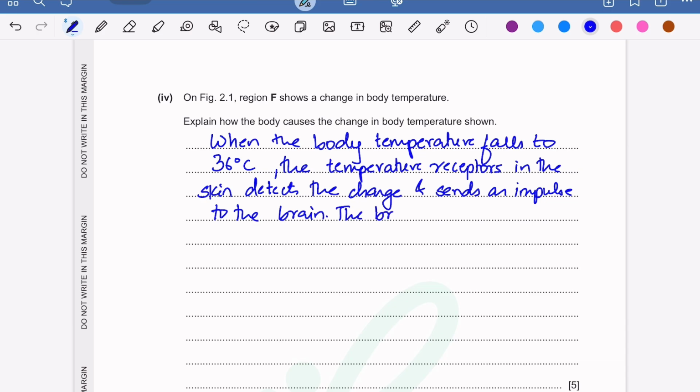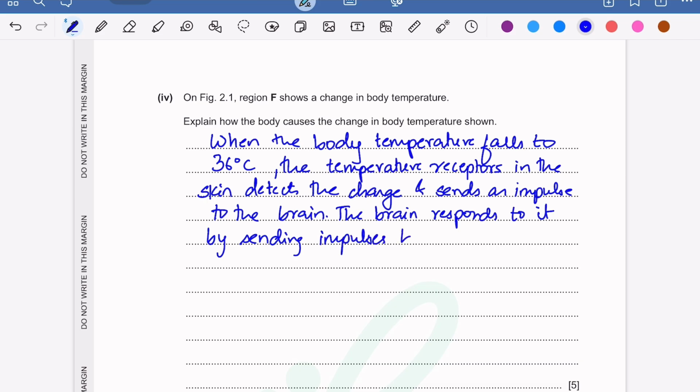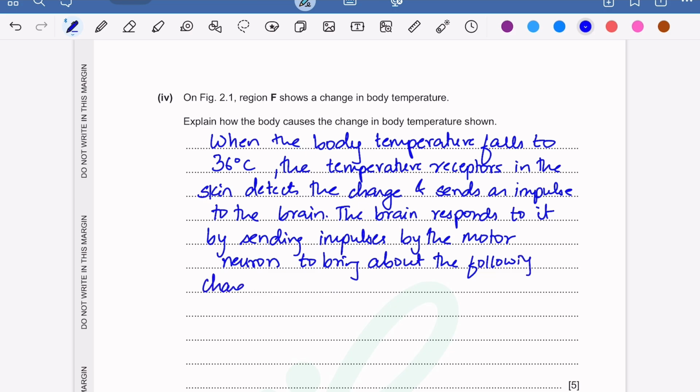The brain responds to it by sending impulses by the motor neuron to bring about the following changes.